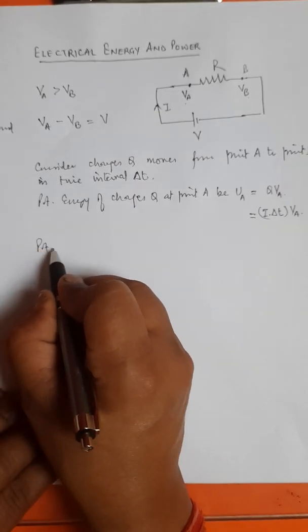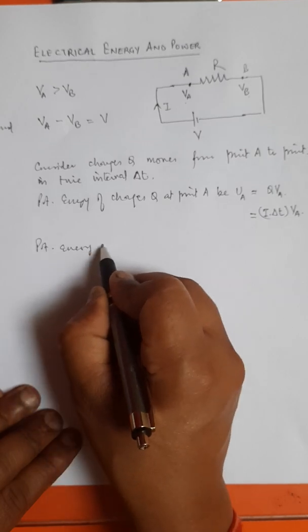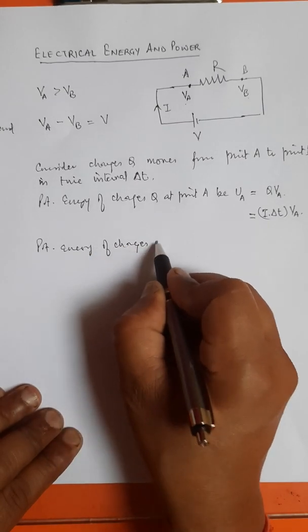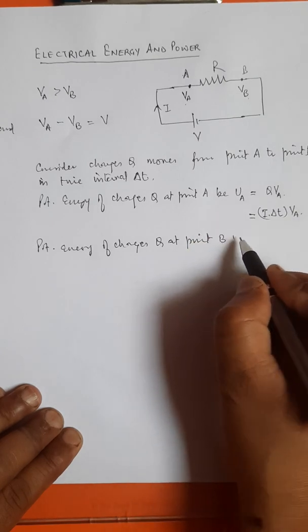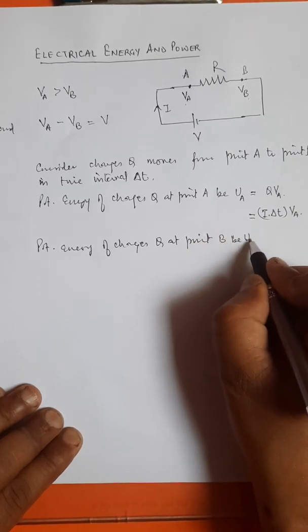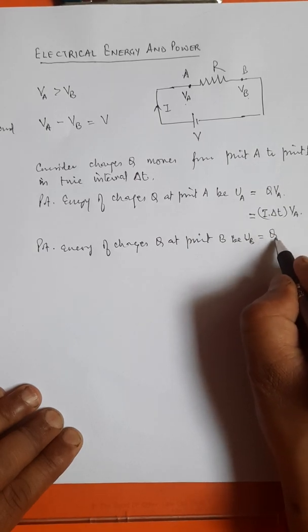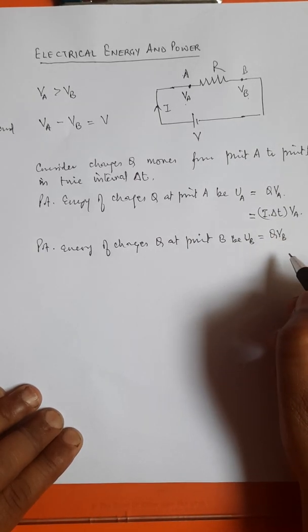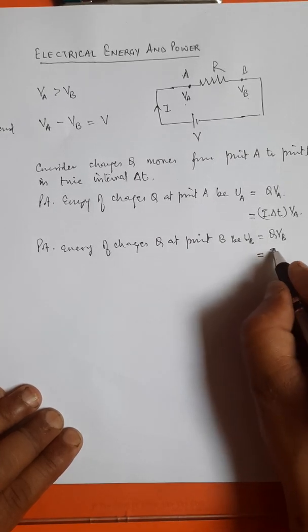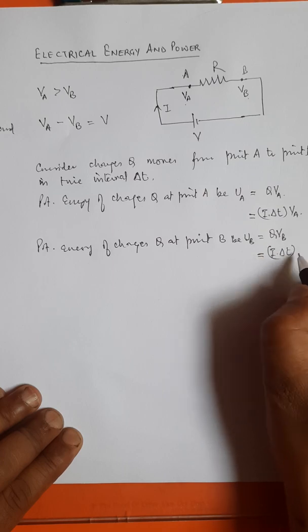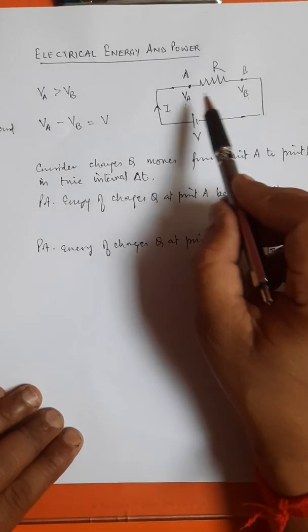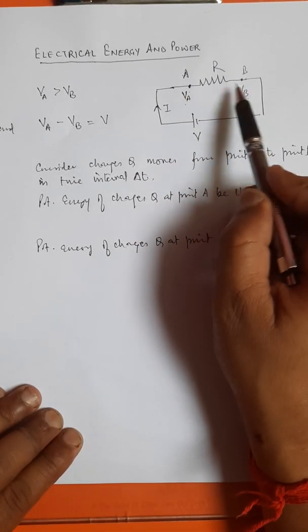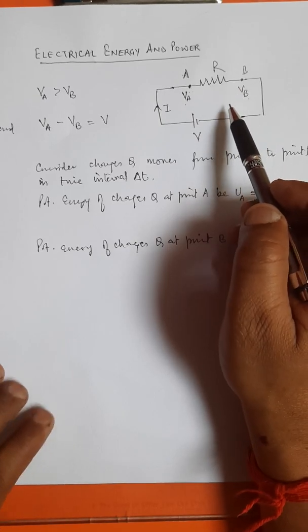And the potential energy of charge Q at point B be UB, and this will be equal to Q VB, and again we can write similarly I delta T into VB. So when charge Q is flowing from point A to B, there is a change in the potential energy.